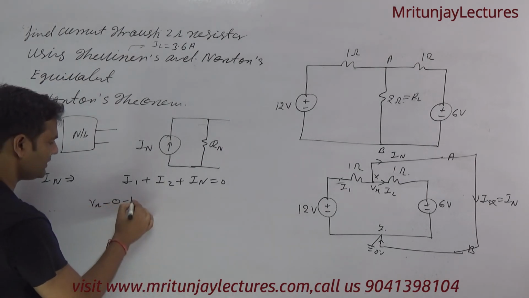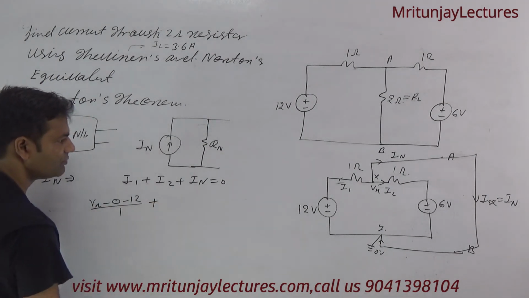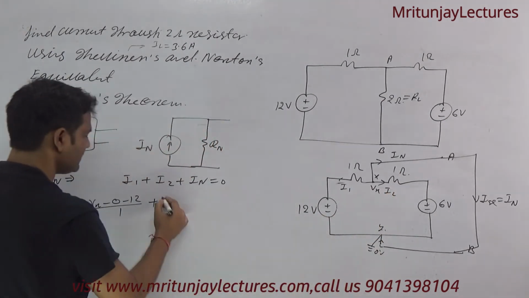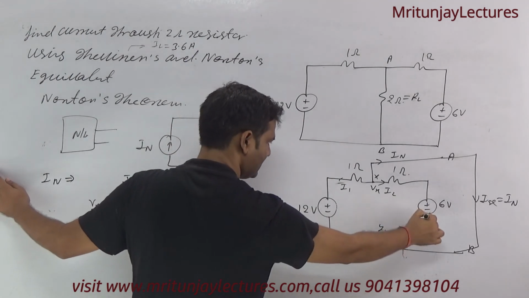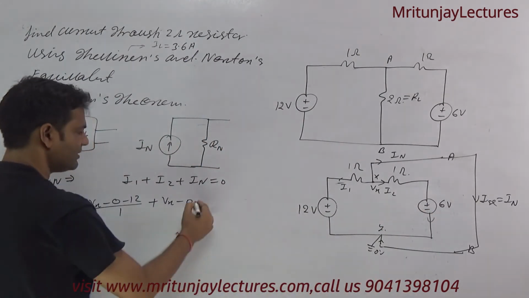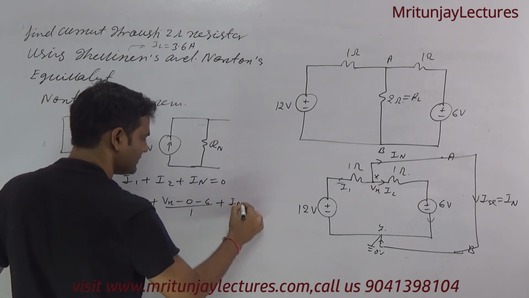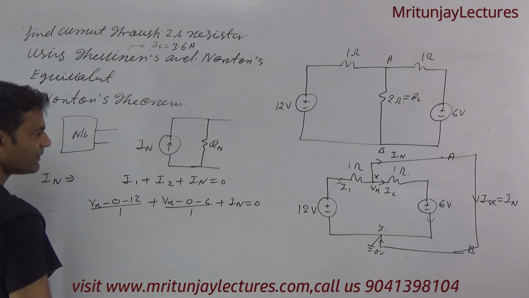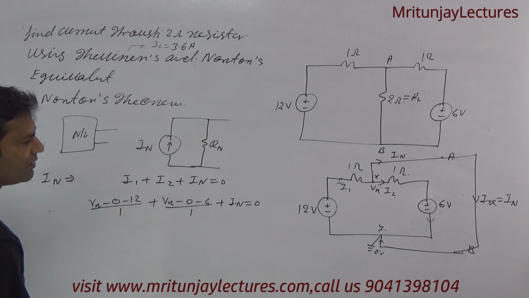Vx minus 0 minus 12 divided by 1 ohm, plus what about I2? I2 is Vx minus 0. This is current leaving from the negative terminal, that's why minus 6 divided by 1, and that is In, equal to 0.